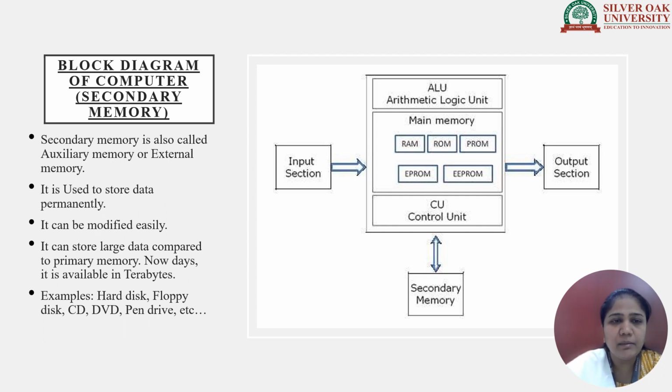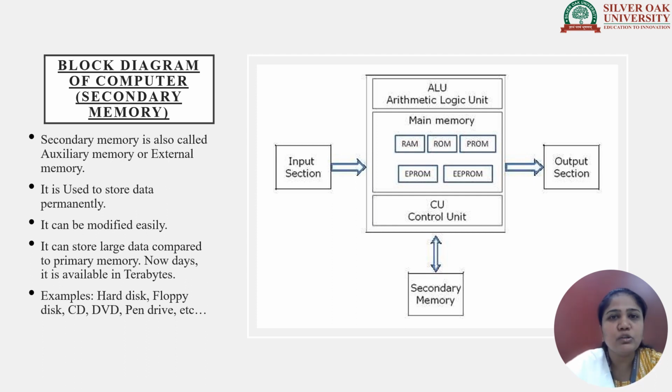This data will be there until we erase it, right? It is used to store the data permanently. As I told you in the previous part, the primary memory will have the data only until the time of execution. The data will not reside over there, but when we are talking about the secondary memory, for example, in your computer system, you have data in the form of pictures, songs, movies, and educational study material.